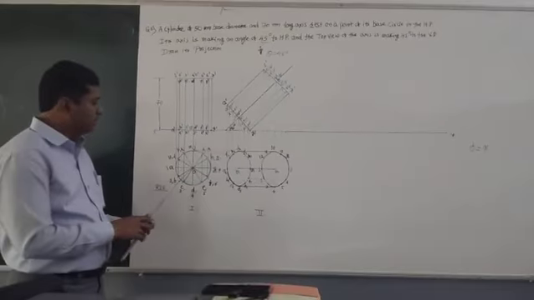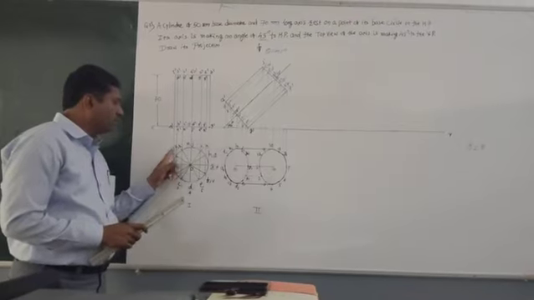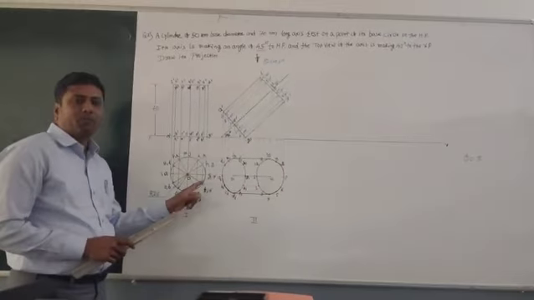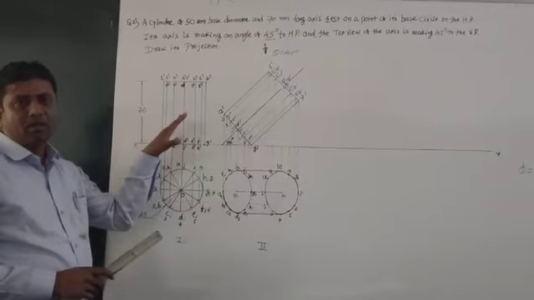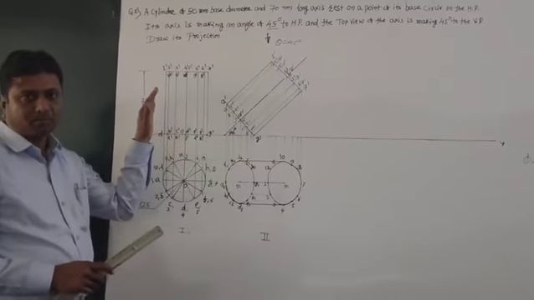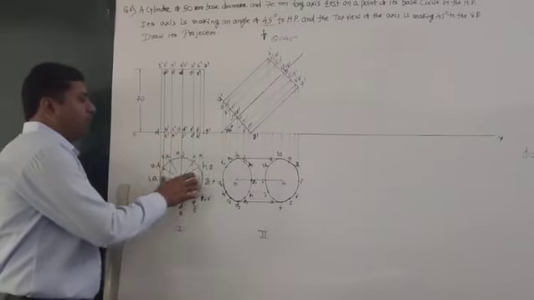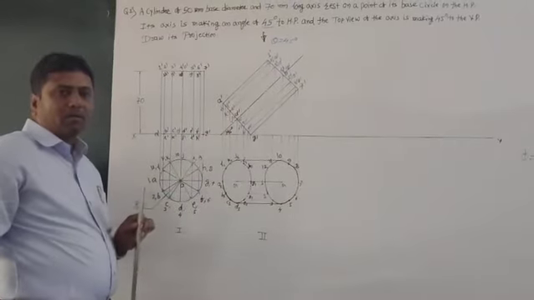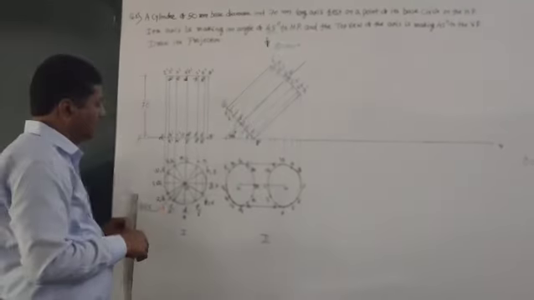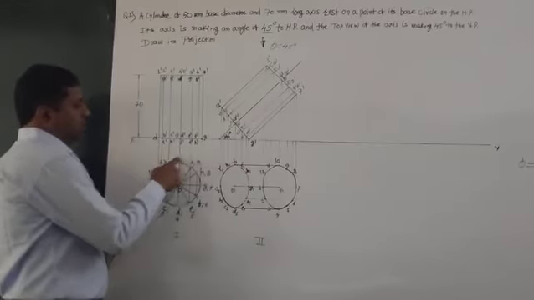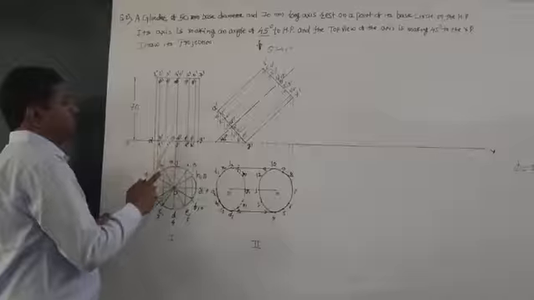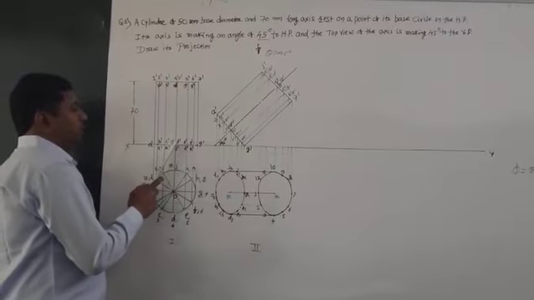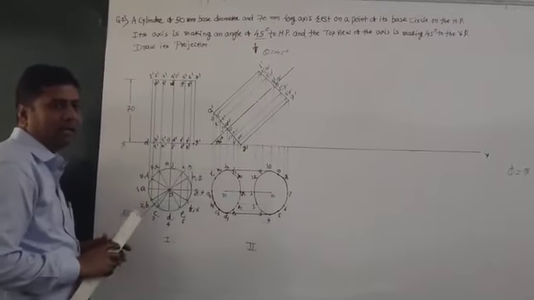Then next step, from each point draw a projection line vertically upwards, so that you will get the front view. The front view must be on or above XY. So for this object, the front view is a rectangle. You see here, from each point I have taken projection lines vertically upwards. From here, the axis has to be marked.